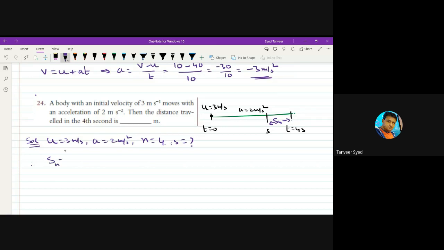So Sn equal to U plus A by 2 into 2n minus 1. S4 is equal to U is 3, A is 2, N is 4. 3 plus 8 minus 1, 7, which is 10 meter.